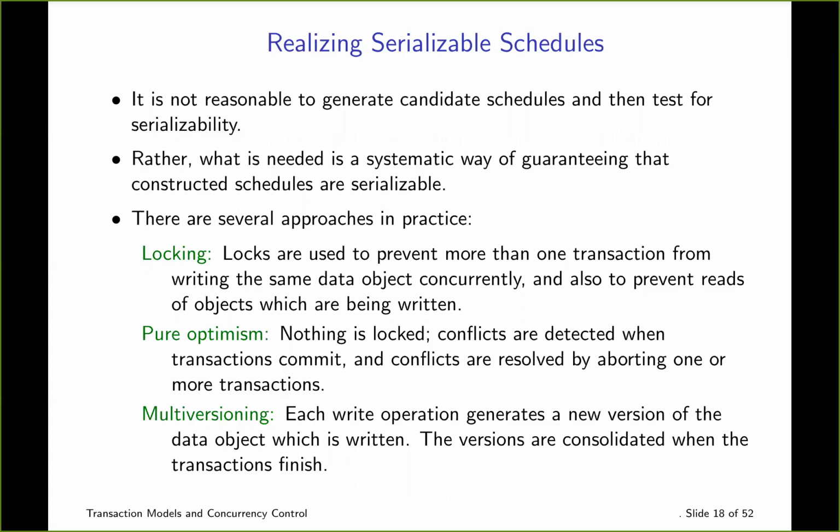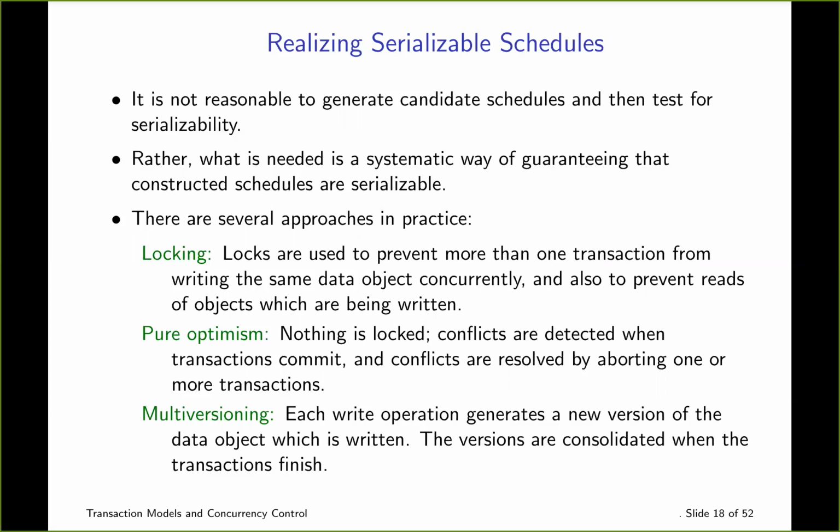Okay, so what we've shown here so far is really more theory. It's the theory of transactions, and it's a little bit dry, of course. But what we want to look at now is how we're going to realize these things.